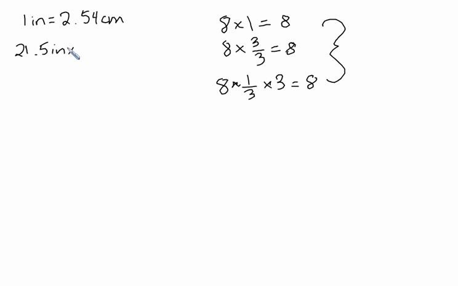And in order to do that, I like to use this little trick. We want to go from inches to centimeters. Now, if we take a look here, the unit that we want to change is in the numerator, on the top. So in order to get rid of it, we have to put the same unit in the denominator.